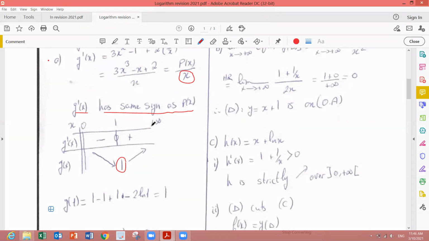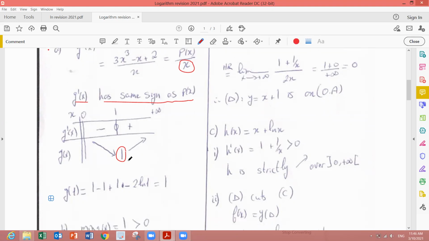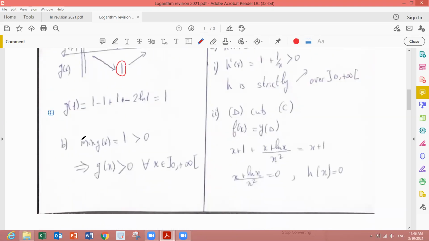We have done the table of variations, g prime x. Since the minimum of g x, what's the minimum of g? Positive. How much is the minimum? 1. So minimum g x equals 1, greater than 0, implies that g x is greater than 0 for all x belonging to 0 plus infinity.